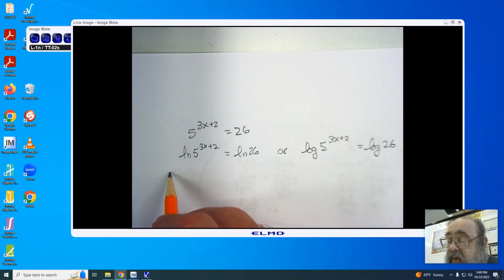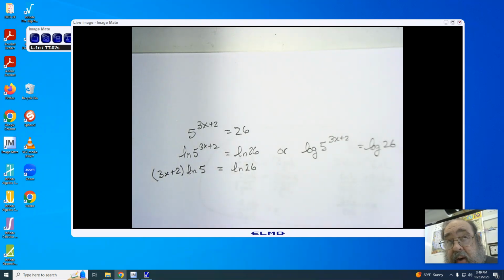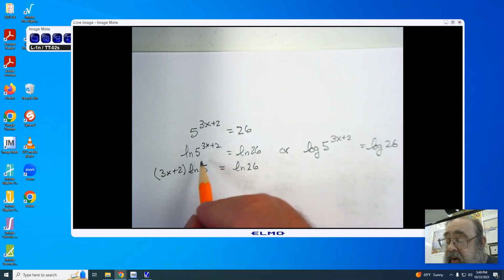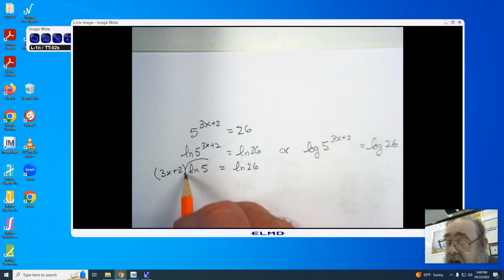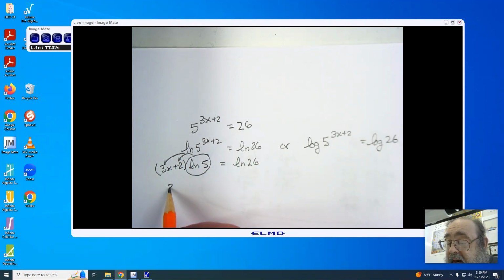The power has to move in front, and when we move it in front, you must put parentheses. If you do not put parentheses, you most likely are going to always get these wrong. That's because we have to distribute this natural log of 5 to both pieces inside of the parenthesis.